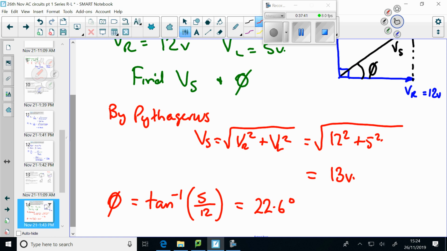How do I fully qualify that angle? How would it be in terms of the current? We know it's an inductive circuit, so the current is ahead, so the voltage must be lagging.